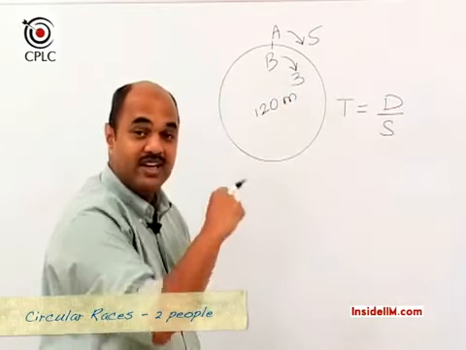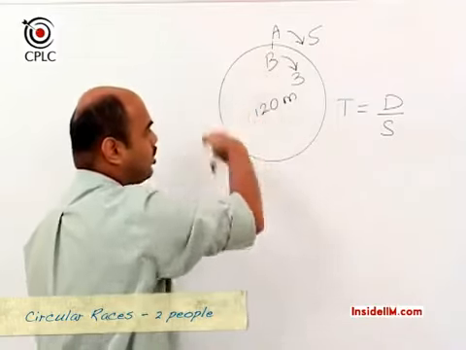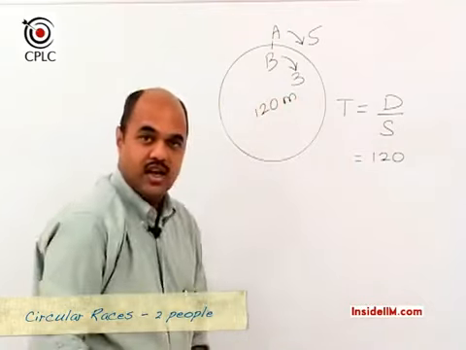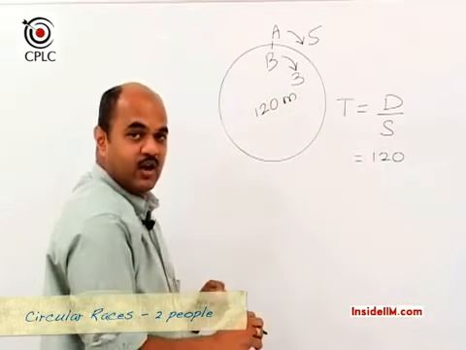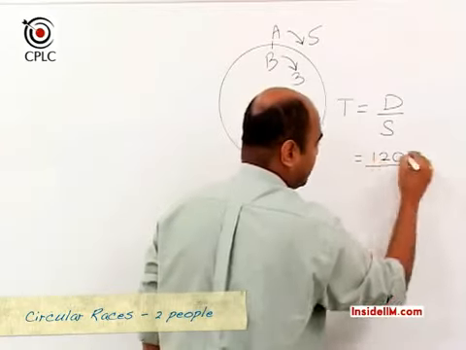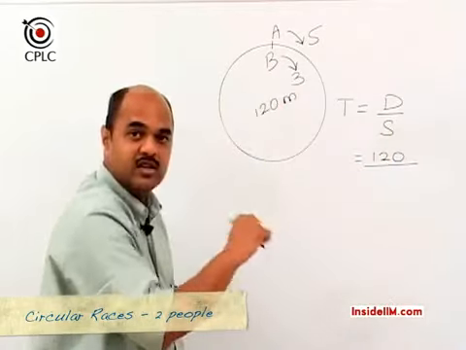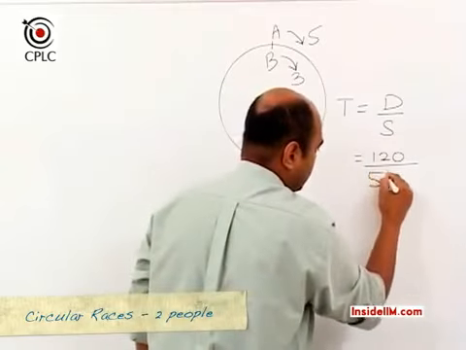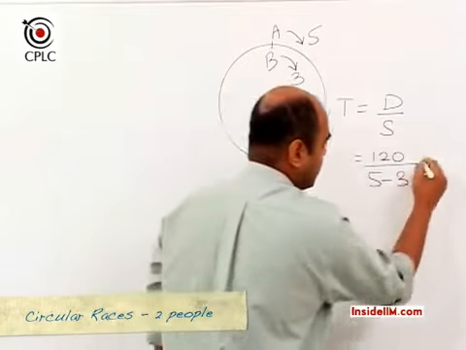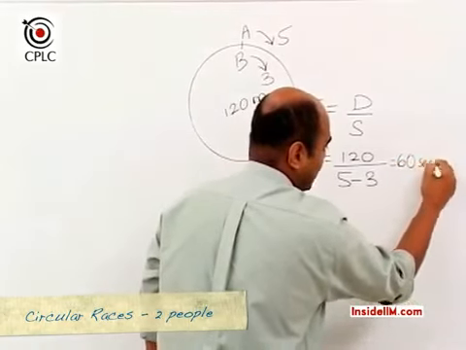Distance that is to be gained by A is equal to the length of the track, which is 120 meters, and speed now will be the concept of relative speed, which is going to be the difference of the two since they are moving in the same direction. So it would be 120 divided by 5 minus 3, which gives us 60 seconds.